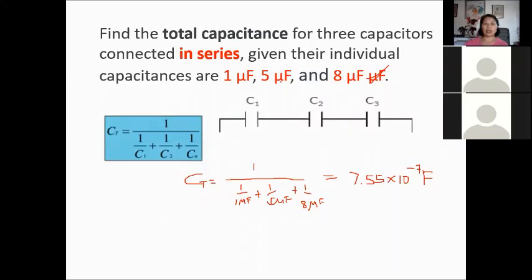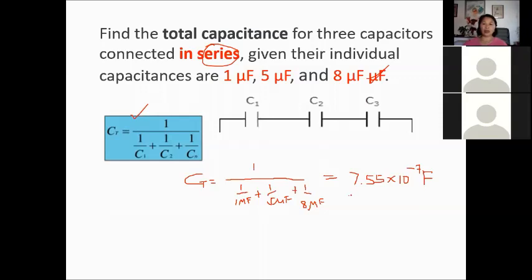So tatlong capacitors at saka i-label ninyo C1, C2, C3. And then recall the formula for series capacitors. Formula ito. So next thing is to substitute. So 1 over C1 plus 1 over C2 plus 1 over C3.